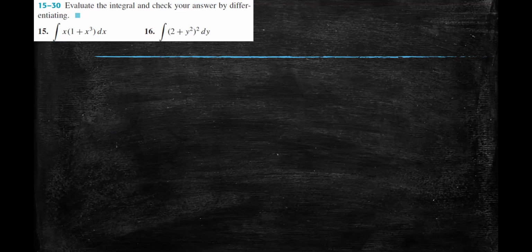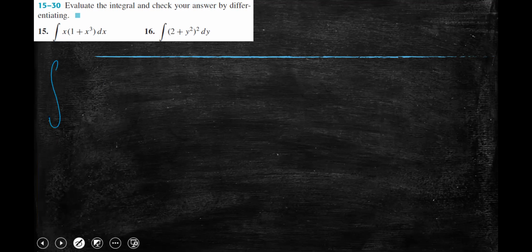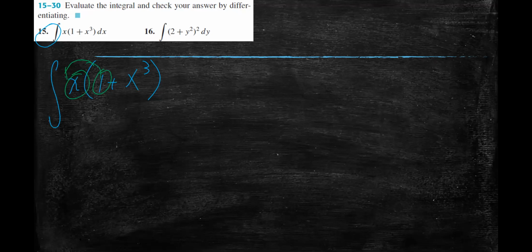Here they are multiplied. So to make it an expression that can be integrated, I have to multiply x by 1 first, then multiply x times x cubed, using the distributive property.